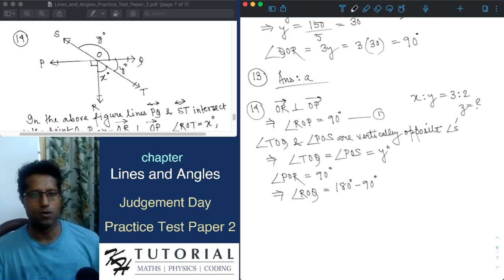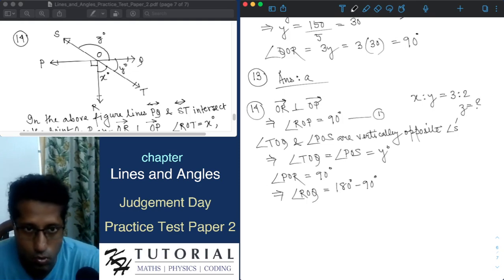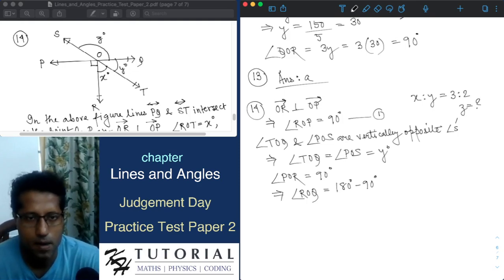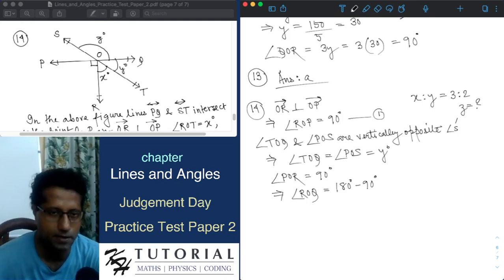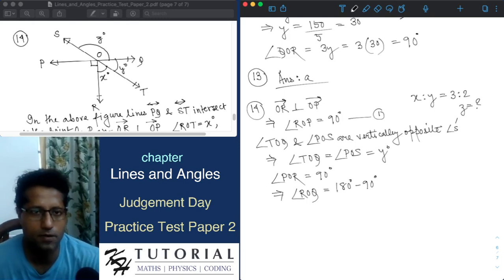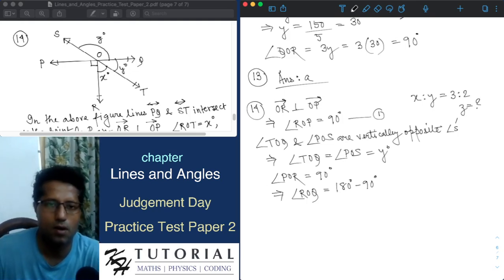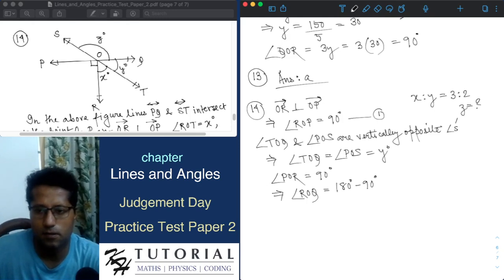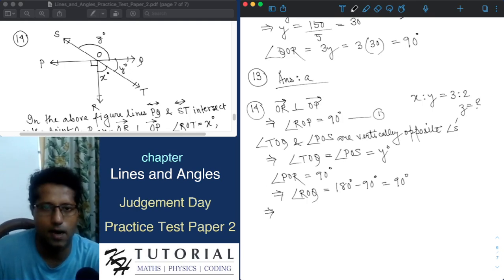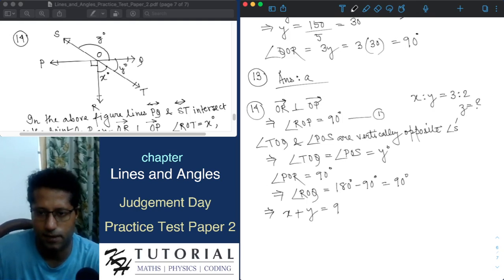Because the ray OR is standing on the line PQ at the point O, which means angle POR and angle ROQ are a linear pair of angles, so their sum should be equal to 180 degrees. Since angle POR is 90 degrees, angle ROQ is equal to 180 minus 90, which is 90 degrees. Now angle ROQ is nothing but X plus Y. So we get X plus Y equals 90.